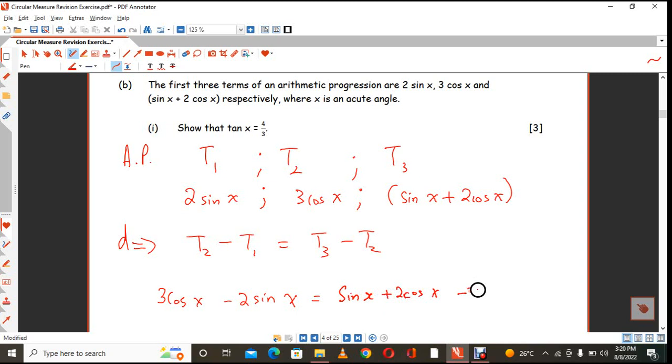Take note, I'm not putting in brackets. That's the third term, minus the second term, which we put in brackets, or you can just leave it like that, minus 3 cos x.